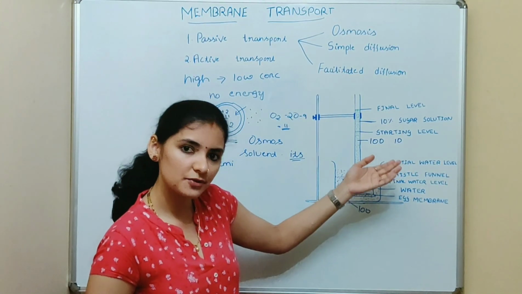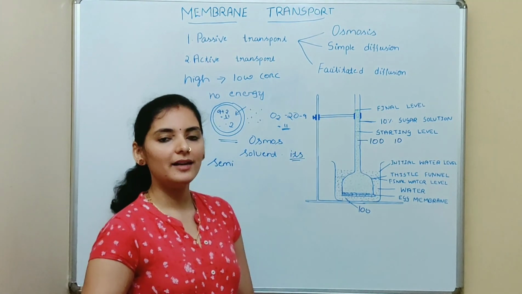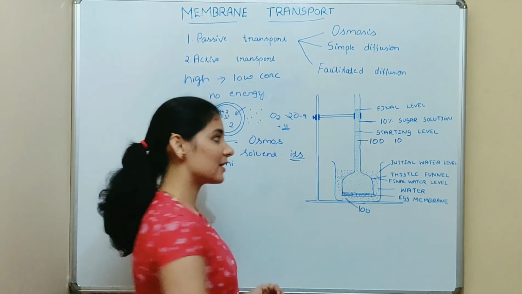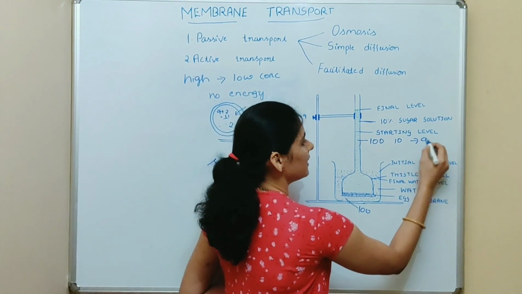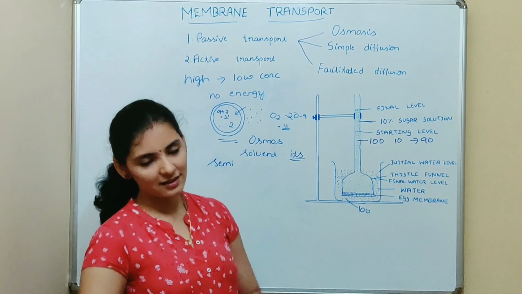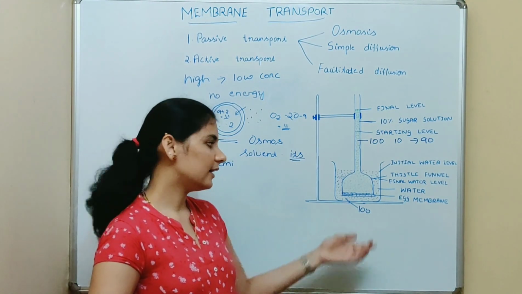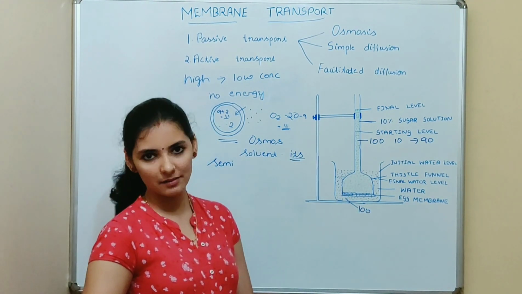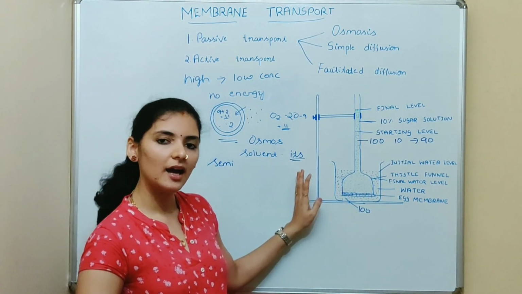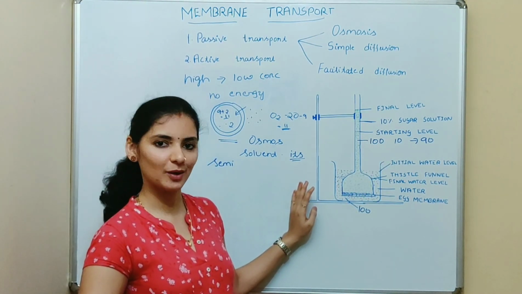So 10 molecules of sugar are associated with 10 molecules of water. So how many free water molecules are present here? 90 free molecules are present in the thistle funnel containing sugar solution, whereas 100 free molecules are present in the beaker. Okay. Later this setup is clamped to a stand and kept undisturbed for a few hours.